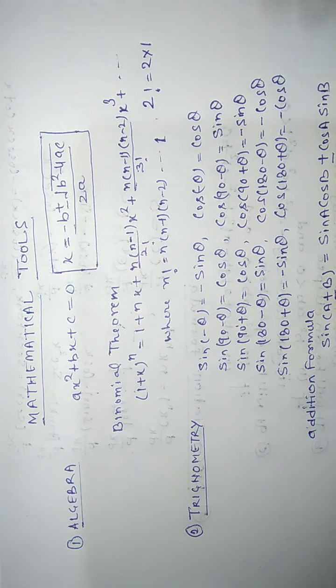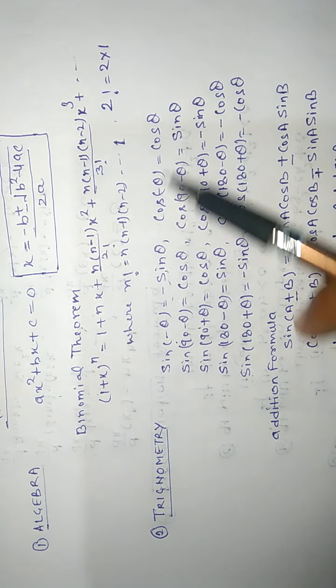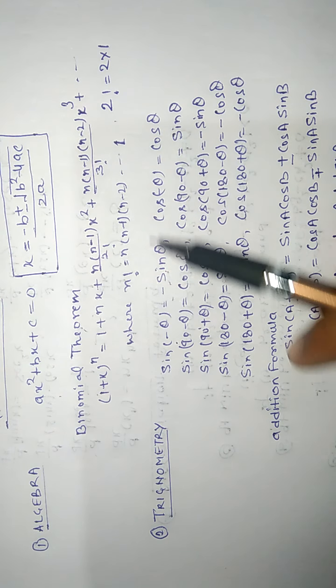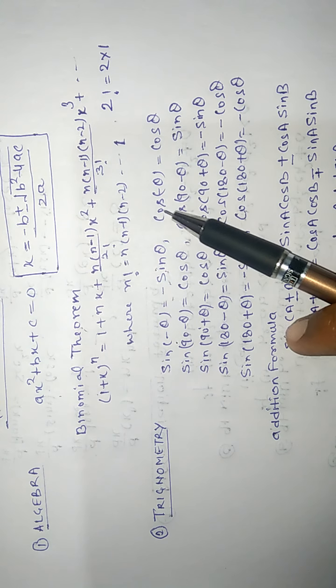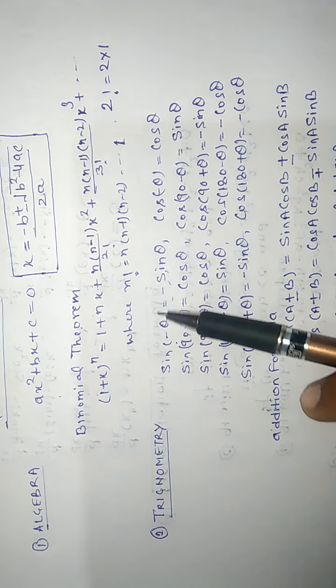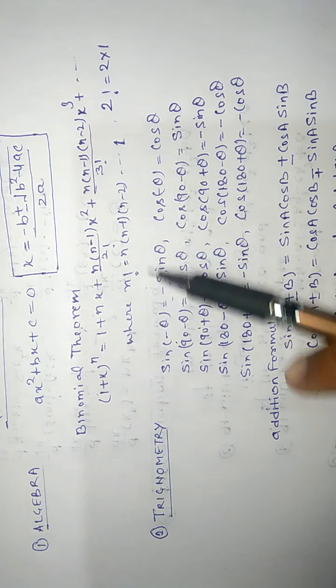Now there are some formulas from trigonometry. Sine minus theta is equal to minus sine theta, while cos minus theta is equal to cos theta. I have written just two formulas, sine and cos, because we can calculate tan using these, and the other trigonometric ratios can be calculated using these two.